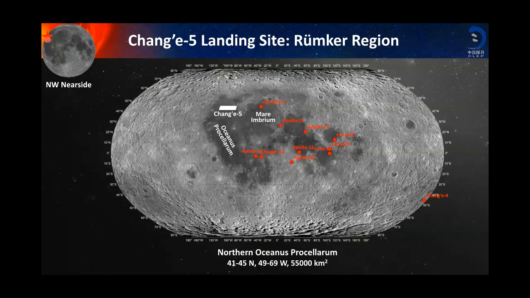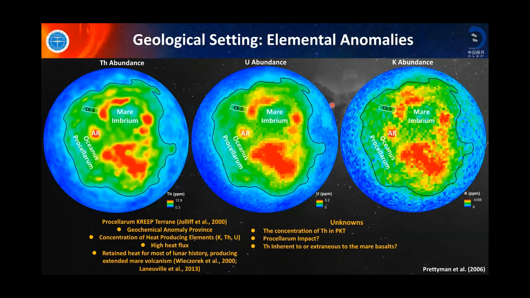So what is the geological background of the Chang'e-5 landing region? It is within the Procellarum KREEP terrain. This specific terrain was defined by Jolliff et al. and their colleagues, who think that the Procellarum KREEP terrain is a geochemical anomaly province, characterized by high thorium, uranium, potassium, and other heat-producing elements.